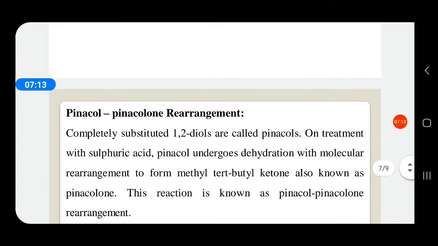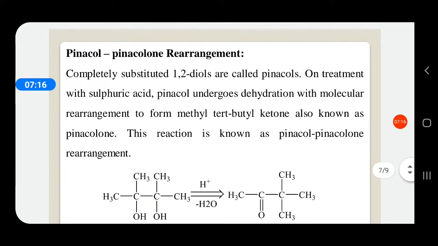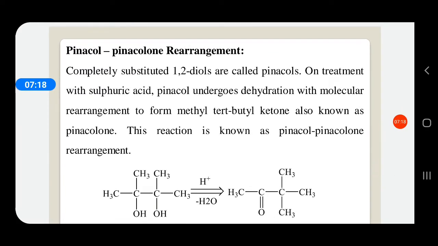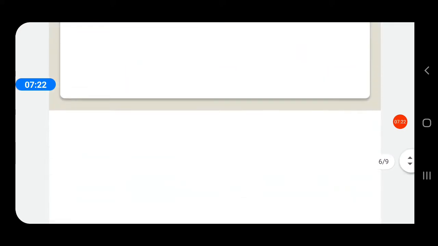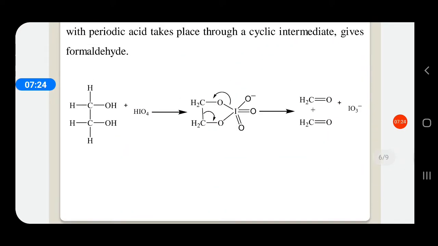Another important reaction is the Pinacolone rearrangement. What is Pinacol? In ethylene glycol, each carbon has two hydrogens and one OH group.